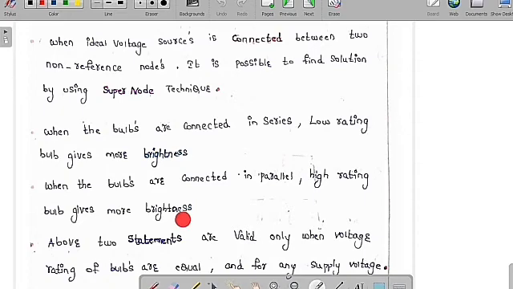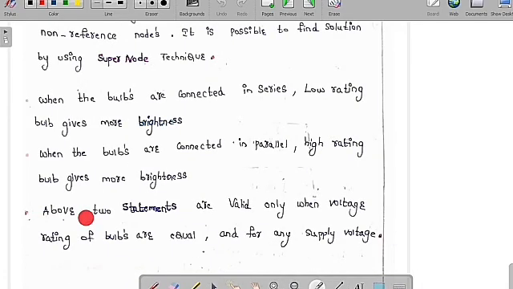When two bulbs are connected in parallel, the higher rating bulb will give more brightness. It is quite opposite to the previous one. The above two statements are valid only when the voltage ratings of the bulbs are equal, and for any supply voltage. This is only applicable when both bulbs have the same voltage rating, and the supply voltage can be of any value.